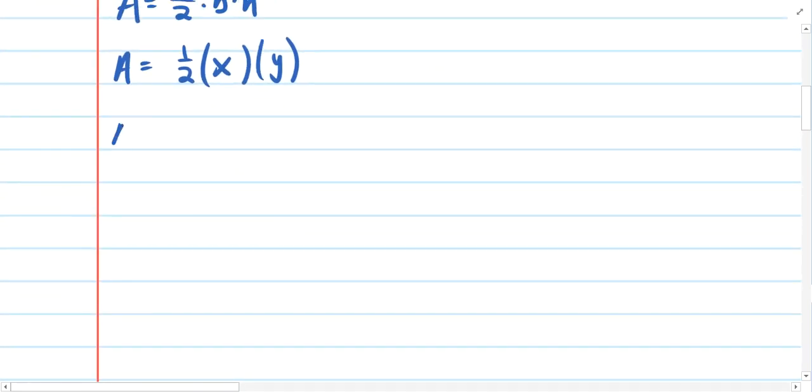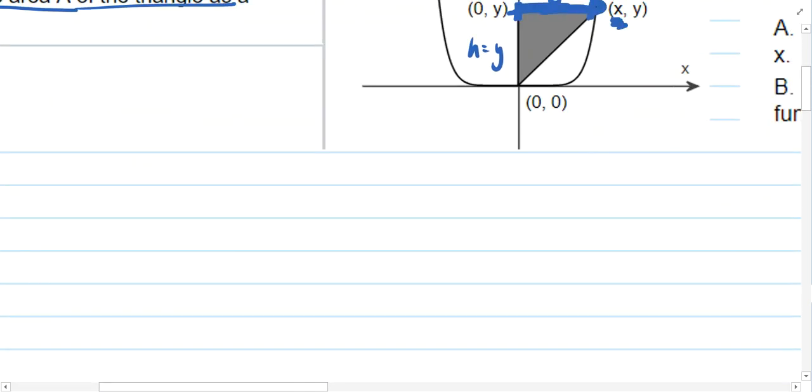The final step that we have to manage here is to take care of this y variable. While we have 1/2 times x, is there a better way to write y? What will the height of the triangle be based on the value of x?